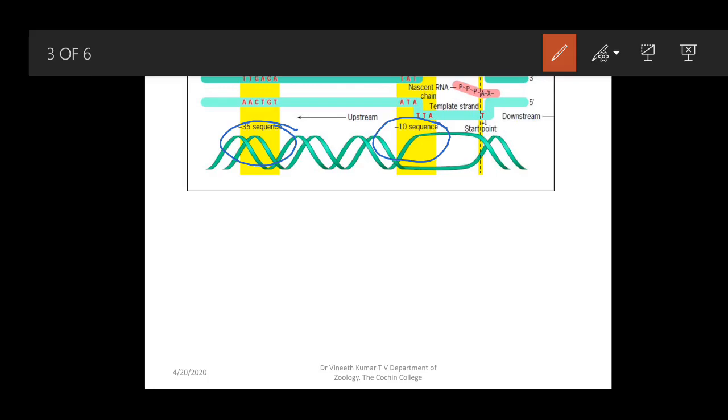That is why the numbers -10 and -35 stand for that. So here -35 is one of the consensus sequences and -10 is another one.